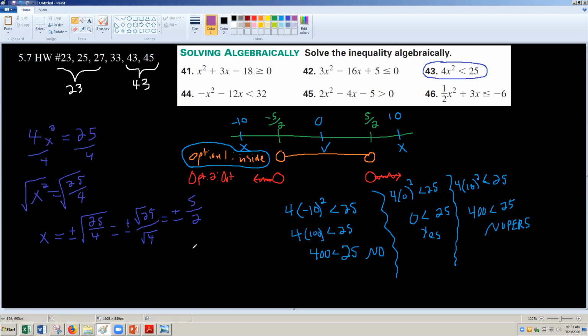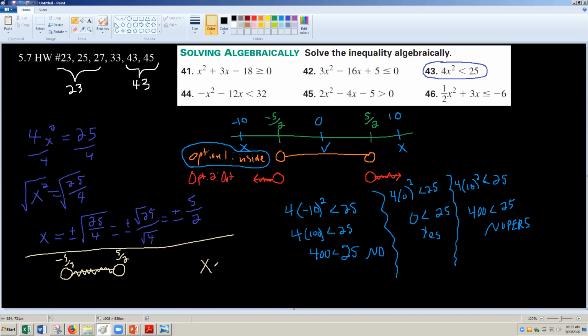So how do I actually write this as an answer? I'm running out of colors, we haven't used this yet. So let's say this is my actual graph version of what this thing looks like from negative 5/2 to 5/2. So now when I'm looking at this, how do I actually represent this?